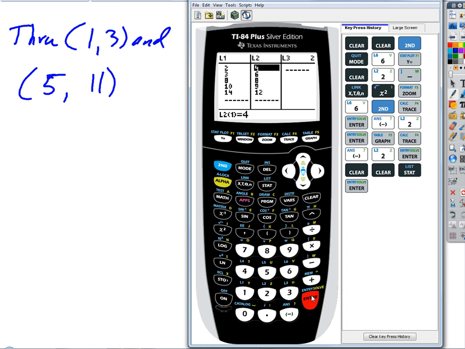Now, if I've only got 2 points, and I want to find the best fit line, what can you tell me about the line in those 2 points? How many points does it take to define a line? 2. So the best fit line through 2 points, is it an average or is it, can you tell me?